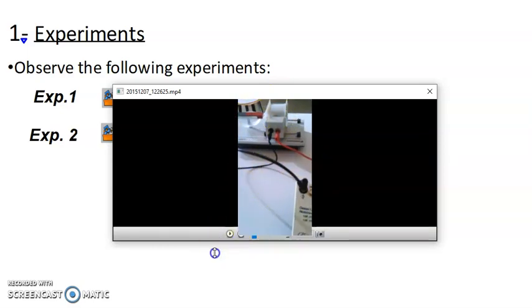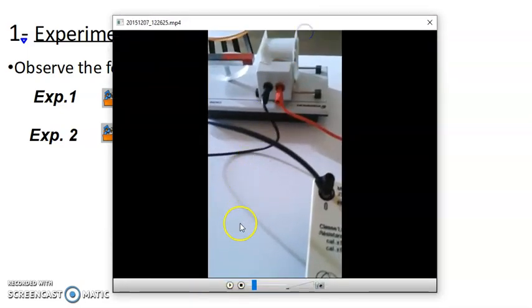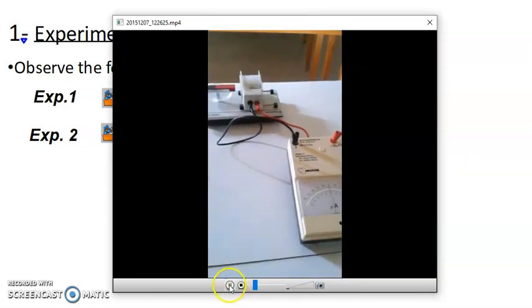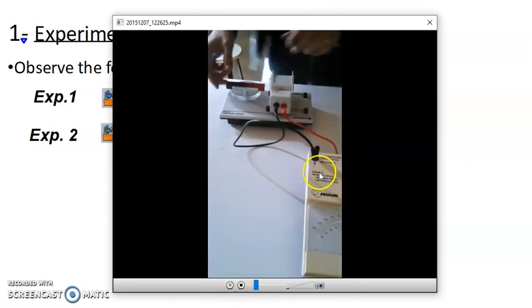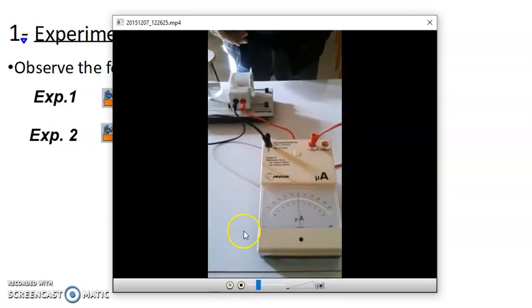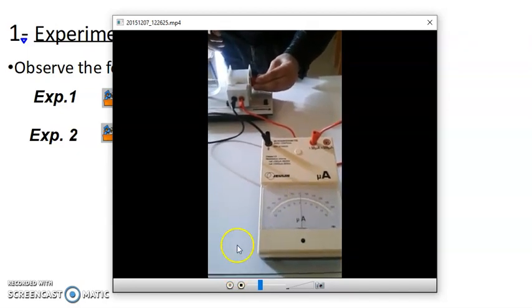As you see, let me enlarge the figure. This is a microammeter. Now the microammeter measures very small current of the order of microampere. Do you see any generator in the experiment? No.